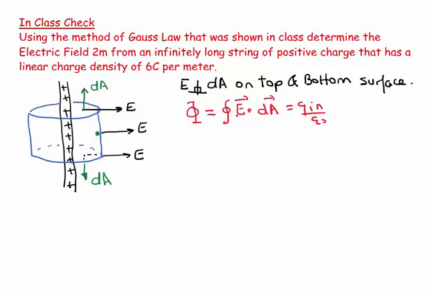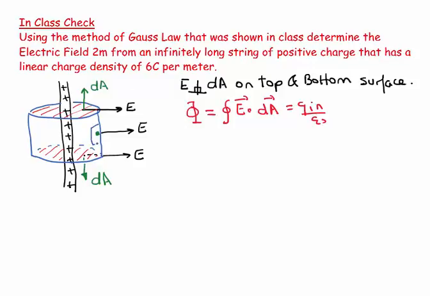If E is perpendicular to dA, then the dot product is 0. And so the top and bottom surfaces are not going to be useful. They're not going to contribute to my equation for finding the electric field. They're going to be 0 flux. So that leaves me with the sleeve.